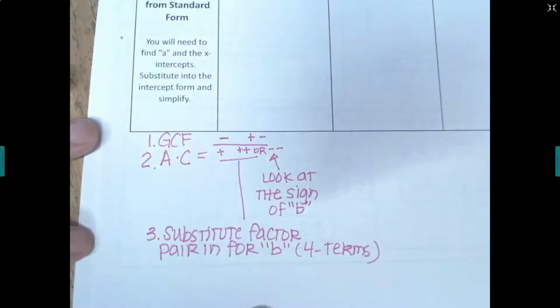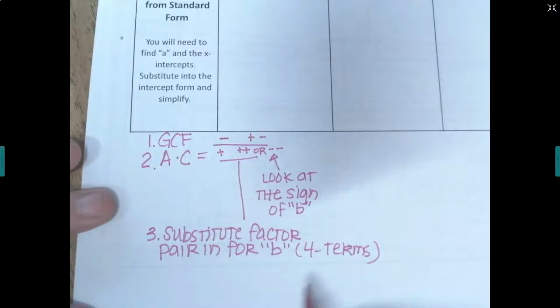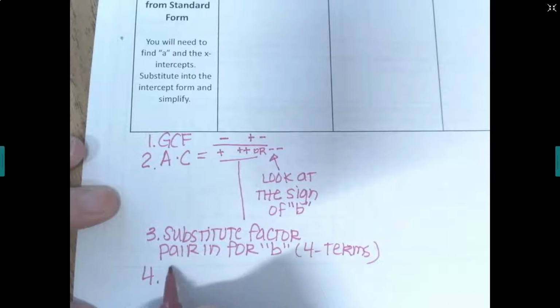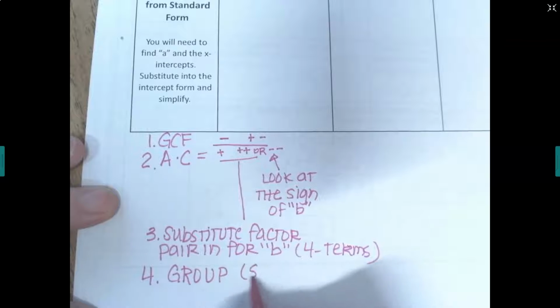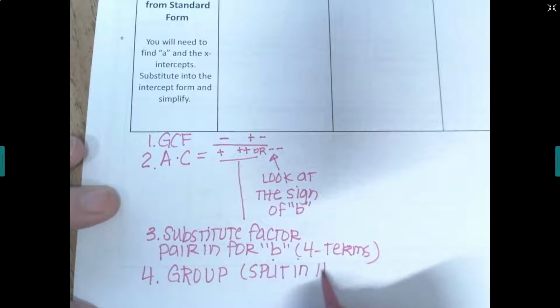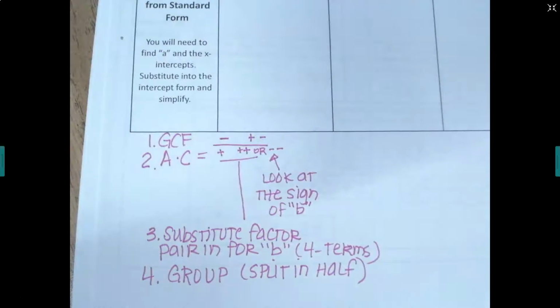Now, once we have the 4 terms, the last step, we call that grouping. You're going to split everything in half and GCF. So I'm going to show you how to do that. So that's the overall, just an overview of what it takes to factor.